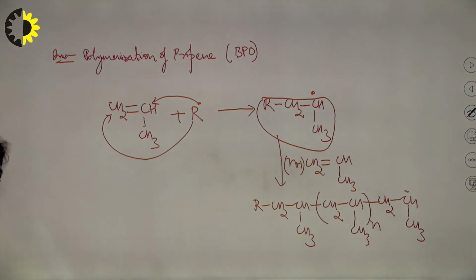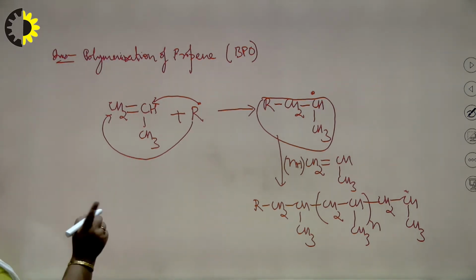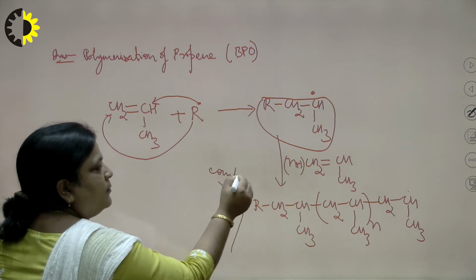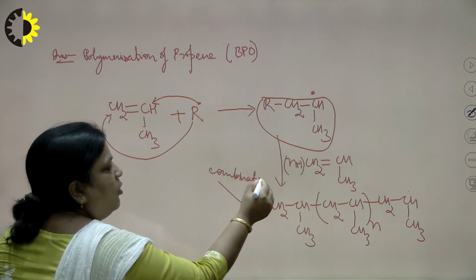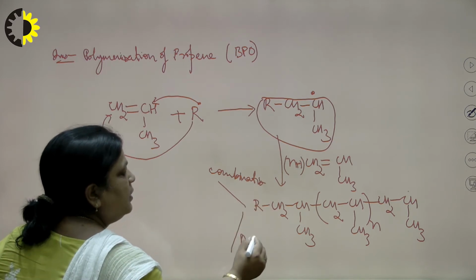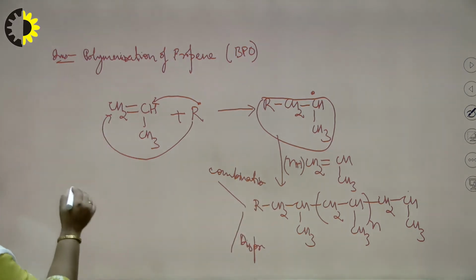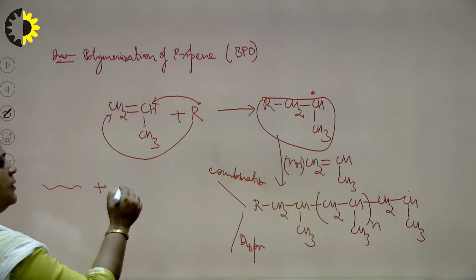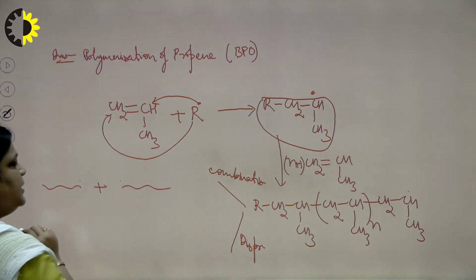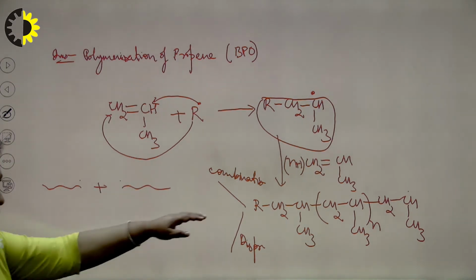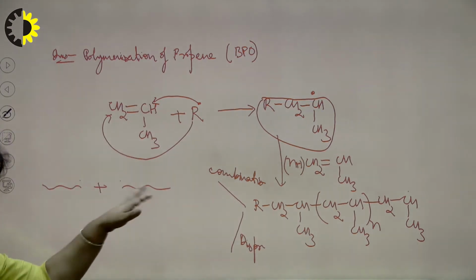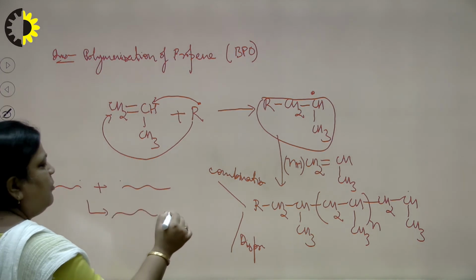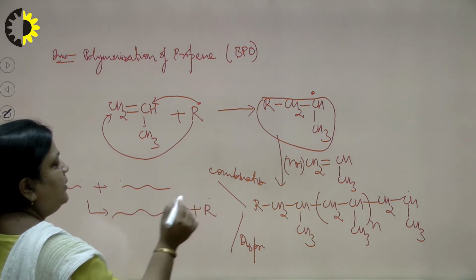Now the third step is termination. Termination means either combination or disproportionation. Combination means this chain with radical plus again another chain with radical get combined and form a covalent bond.